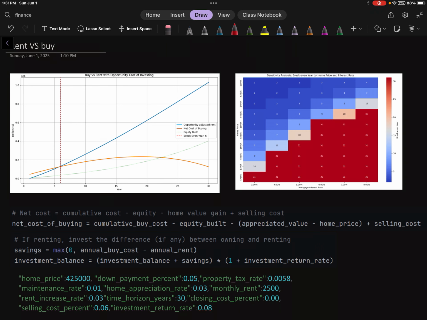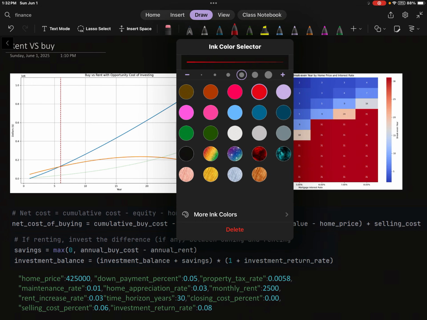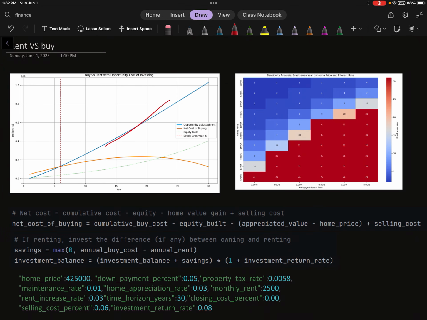You can just save the down payment as an investment, and the difference of the monthly mortgage payment, you can use that as investment. That will give you a cost-adjusted rent and cost-adjusted buying; this line is for renting, this line is for buying.